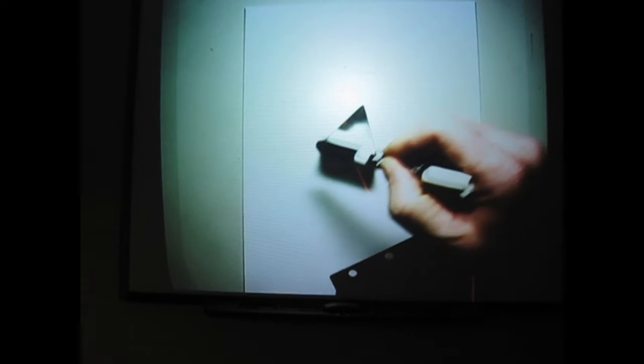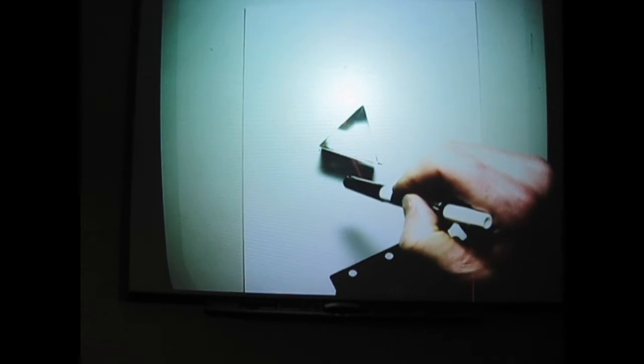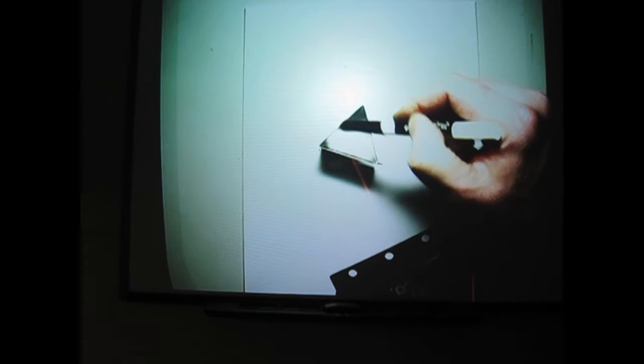So what we want to do here is take a bunch of measurements of the angle of incidence and angle of refraction at both faces, at the first face right here, and at the second face, when it goes from air to glass, and then from glass back to air. And then using those angles and something called Snell's law, and I'll explain this more carefully in another video, you're going to calculate the index of refraction of glass relative to air, that ratio.